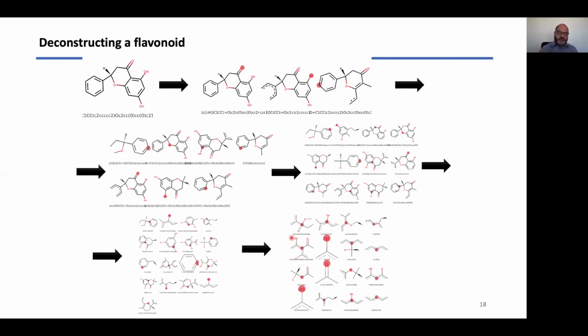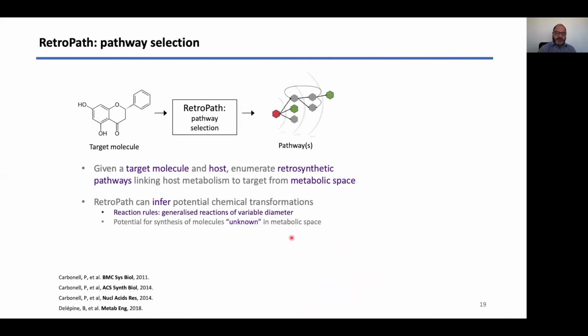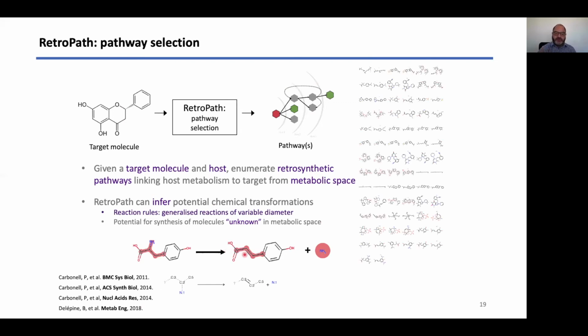And as we go deeper and deeper, you see that we arrive at more and more simple descriptions of the molecule. So this strategy can be used, as we do here in Retropath, in order to understand a reaction better and to generalize this reaction as a set of very simple transformations that are focused around the reaction center.